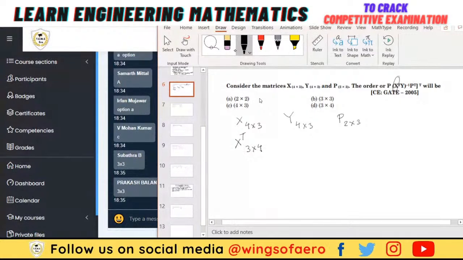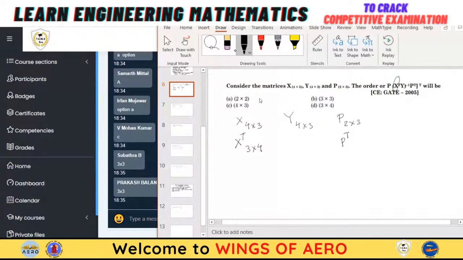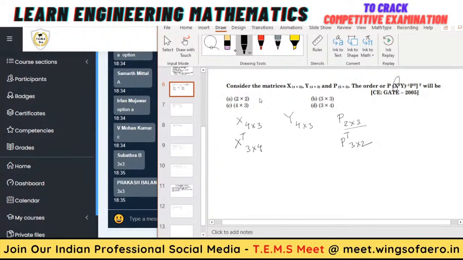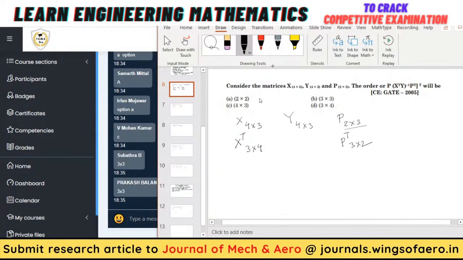P transpose, there is no Y transpose, only P transpose is there. What is the dimension of P transpose? It is 2 cross 3 previously. We are interchanging rows with the columns, it will be 3 cross 2. So whatever is necessary, we have found everything.